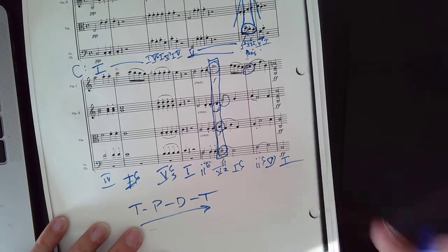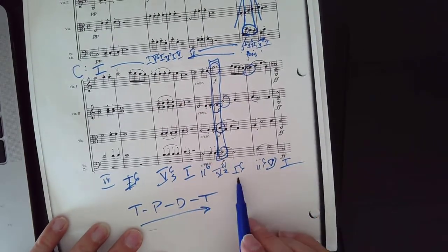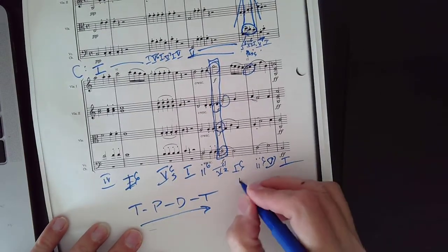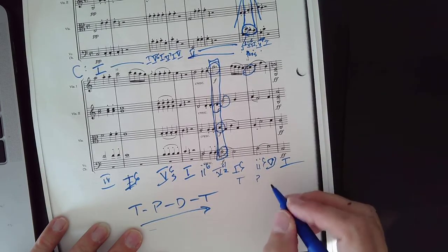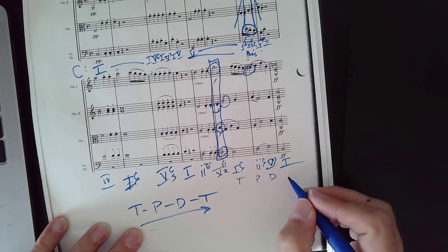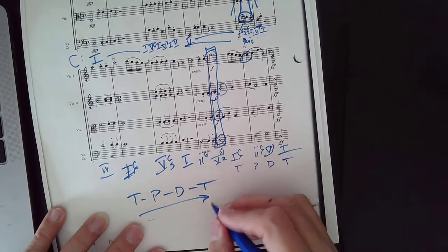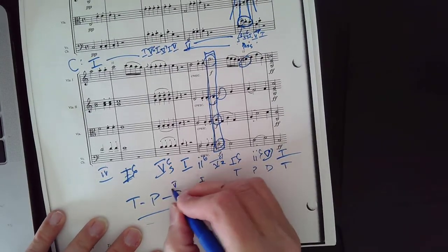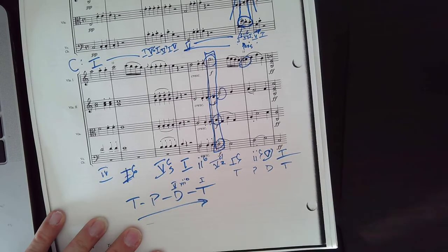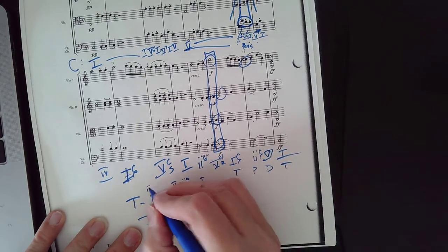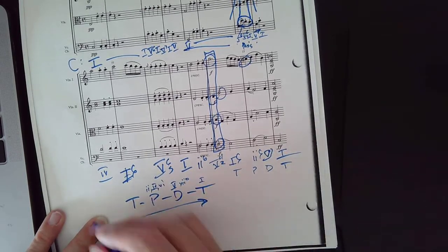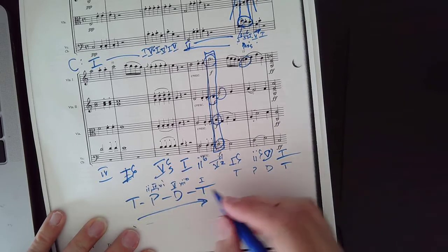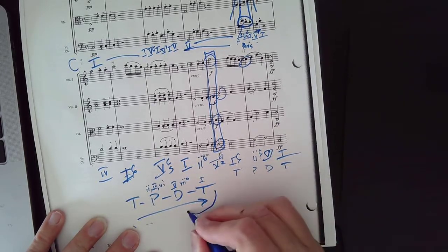So if you look here, 1 is tonic, 2-6 is predominant, 5 is dominant, and 1 is tonic. Okay, so tonic is 1, dominant is 5, or it can be 7. Predominant can be 2, 4, or 6.